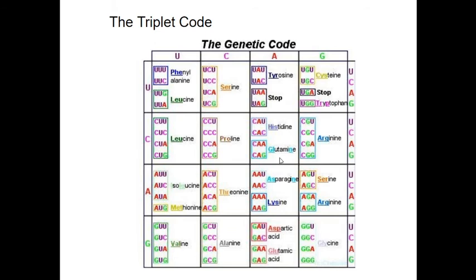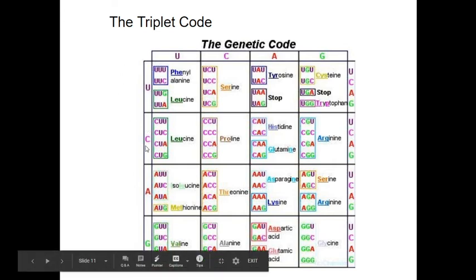We have a few different stop triplets, which can code for the stop codon. We have UAA, UAG, or we could have UGA for our stop here as well. The way we read these charts is that we start with the left-hand side.